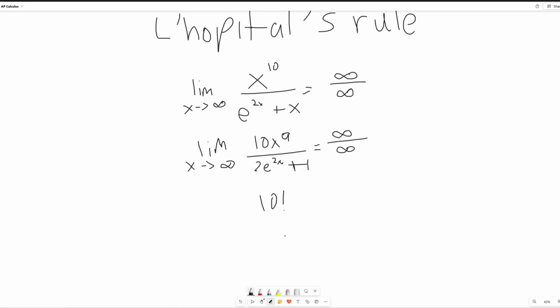That's the constant that's going to be on top over 2 to the 9 e to the 2x, something like that. Well, as this bottom one goes to infinity, this whole thing will go to 0. So, regardless, this will go to 0.